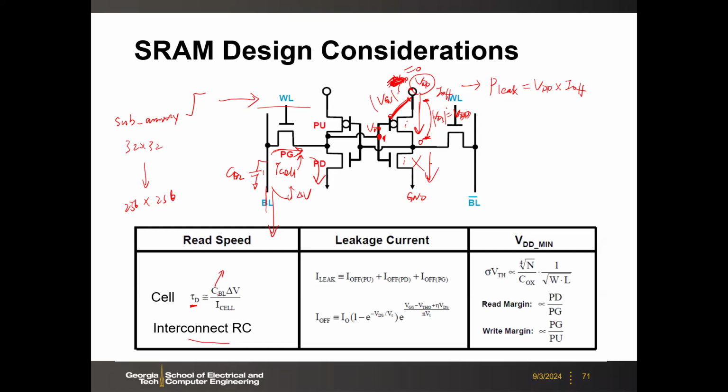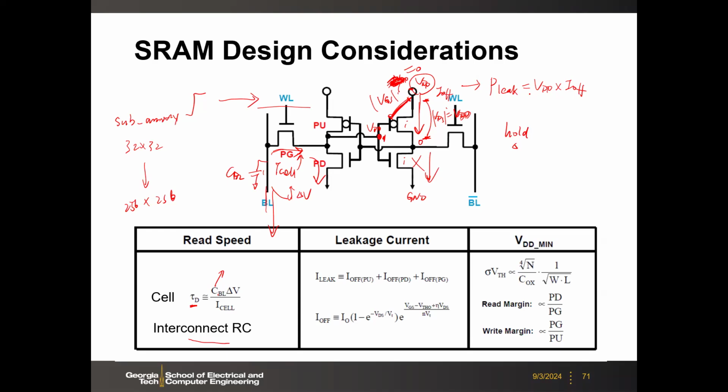And then you can do the analysis by yourself, and you will see that 3 transistors are leaking in the SRAM cell in the hold state. I will not do that for you. Maybe it will be a homework or your exam question. But if you do that analysis, you will see that in the hold condition, 3 transistors are leaking, right?